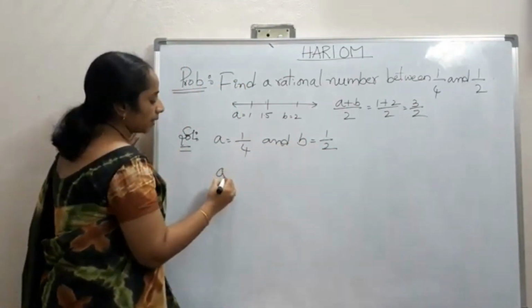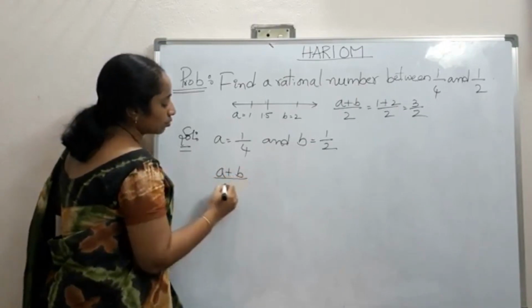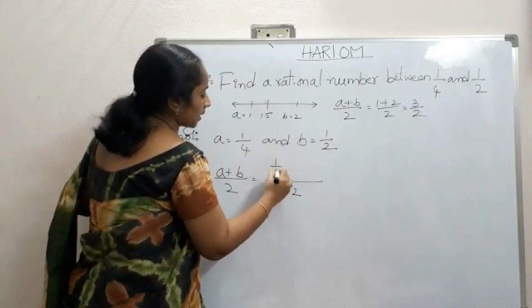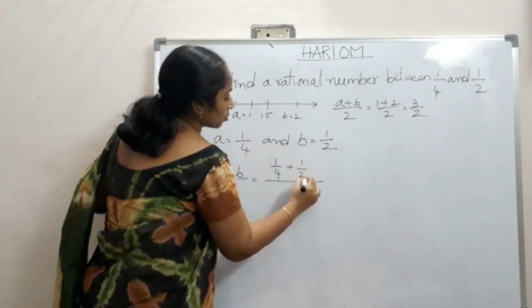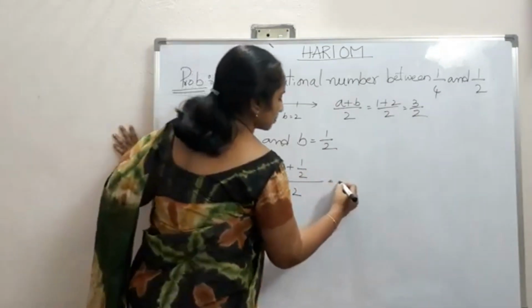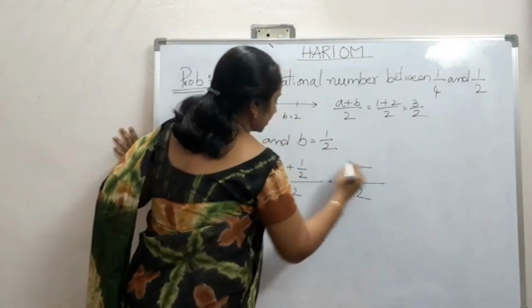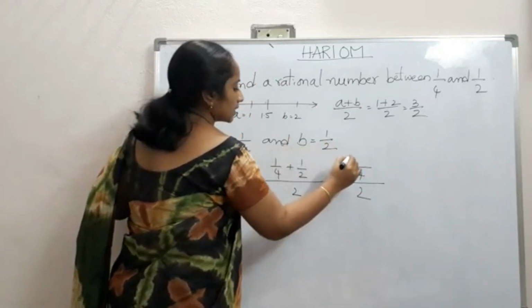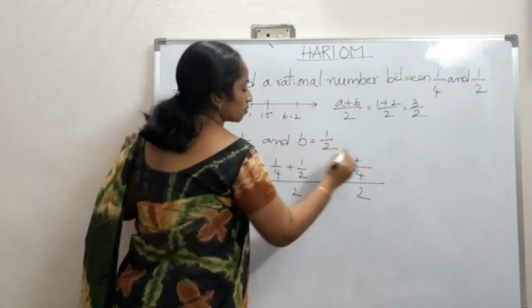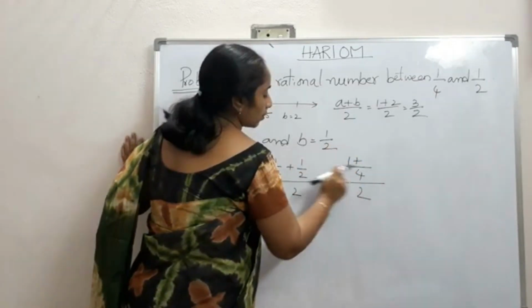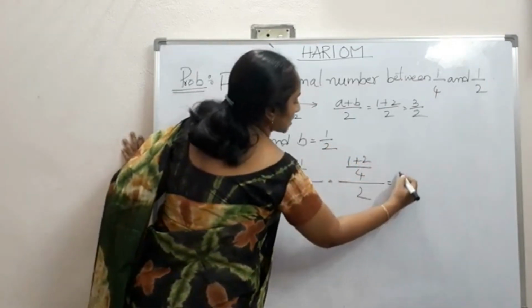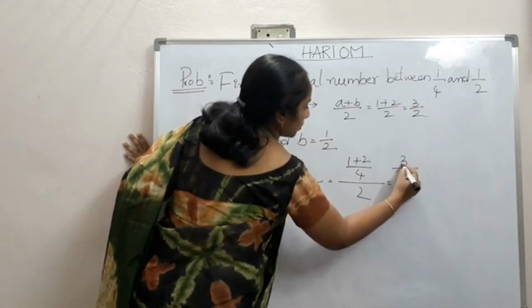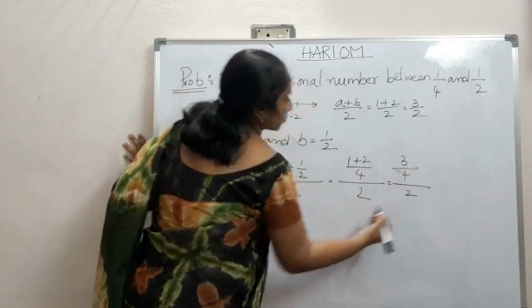Now (A plus B) by 2 is (1 by 4 plus 1 by 2). The LCM of these two is 4: 4 ones, 4, plus 2 twos, 4, 2 ones, 2, it is 3 by 4, by 2.